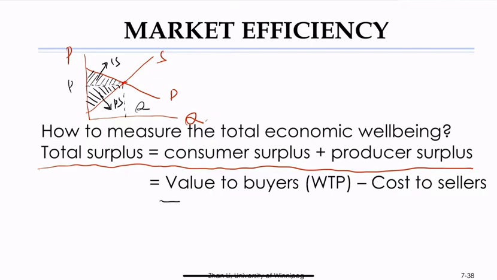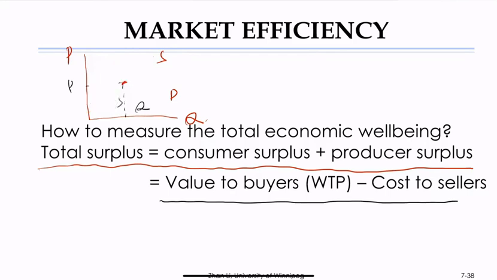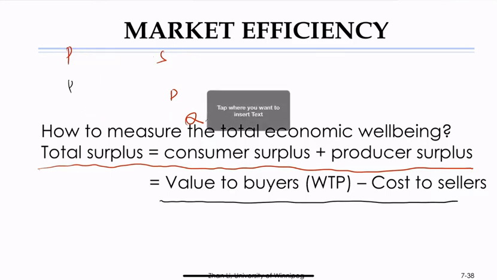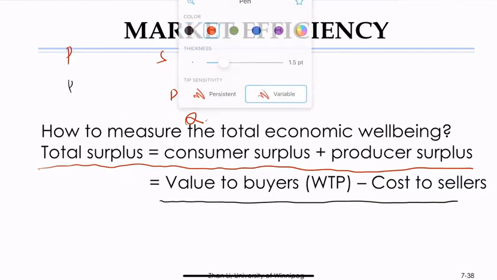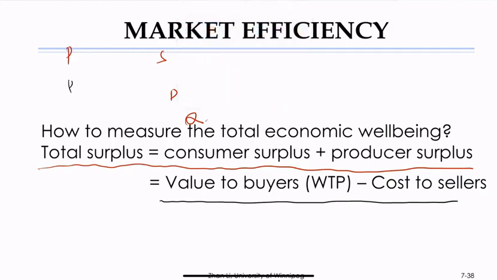Now, what about the second method? Value to buyers, that is willingness to pay, minus cost. So for this second one, let me redraw this. If you're looking at this second definition, then total surplus is defined by this large triangle.